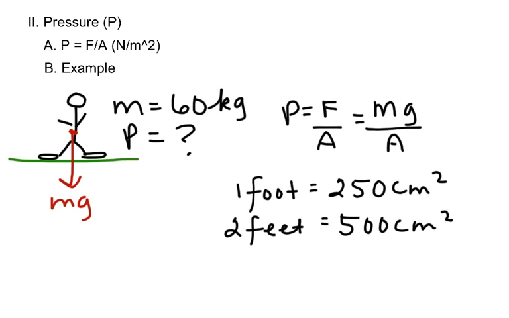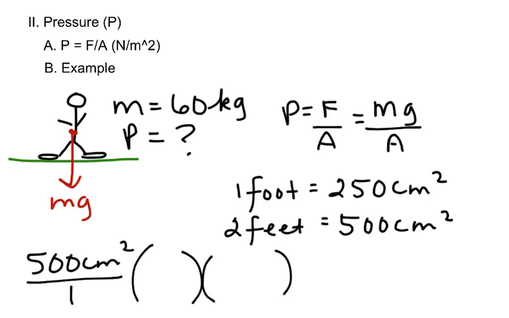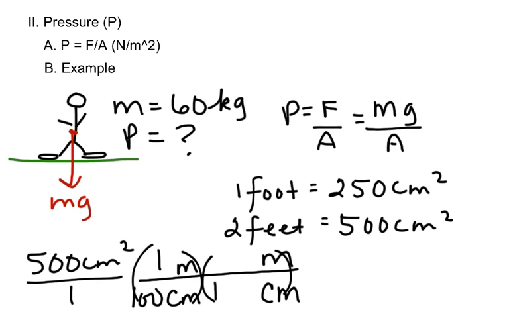We do need to convert this value of square centimeters to square meters, so I wanted to go ahead and show you how to do that. So we have 500 square centimeters, put that over 1, and I need to convert the centimeters to meters, so I'm going to put centimeter in the bottom, meter in the top, and I'm going to do it again, centimeters in the bottom, meters in the top. There are 100 centimeters in a meter, 100 centimeters in a meter, and the centimeters cancel in the bottom with the square at the top.